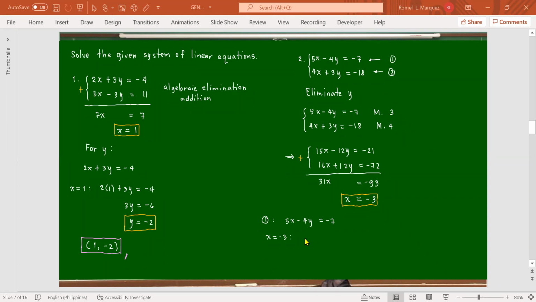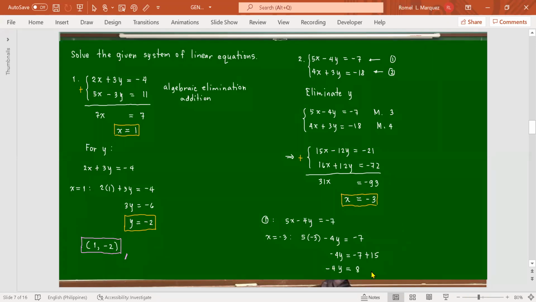So 5 times 3 minus 4 times y is equal to -7. So we now have -4y equals -7, this is -15, so minus 15 now. What is y? -4y is equal to what? 8.